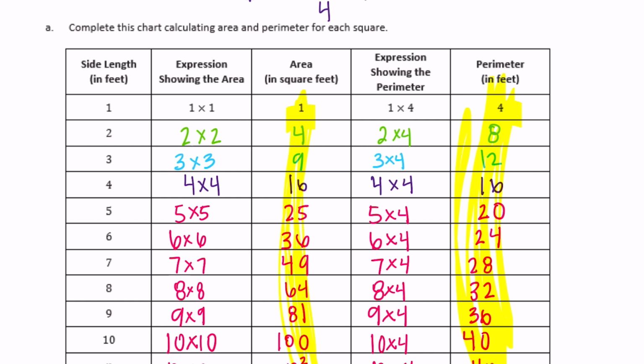When we move on to the next one, 4 and 8, the area is still smaller than the perimeter. We have 9 and 12, so area is still smaller. And then when we get here, the area and perimeter are the same. And then it starts to switch when we get to 5. The area here is greater than the perimeter here. Whereas here, the area was less than the perimeter.